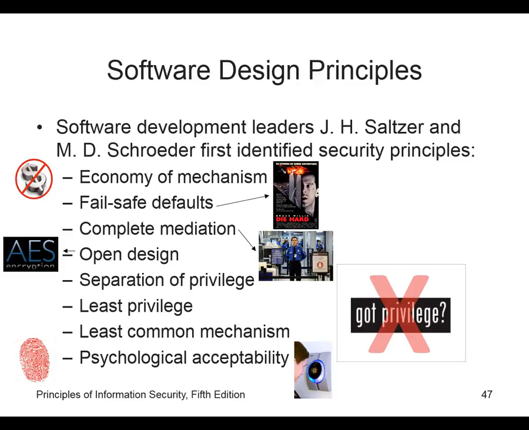Psychological acceptability. When my husband explained this one to me, because I was asking him for different examples, why he has the fingerprint scanner. We don't have door locks at our house. We have combination locks, so you don't have to worry about losing keys, which I'm really bad about losing.